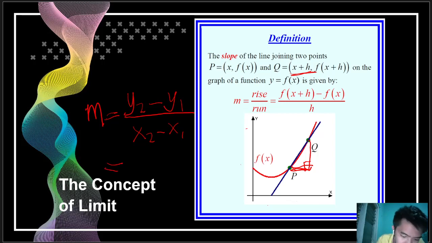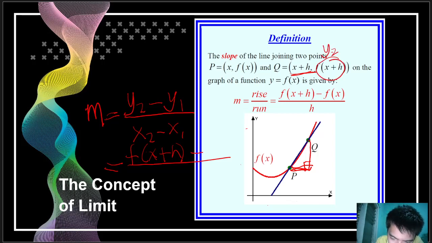And this is equal to, we know that y sub 2 here is f of x plus h, minus y sub 1, which is f of x. So this is y sub 2, and this one is y sub 1.